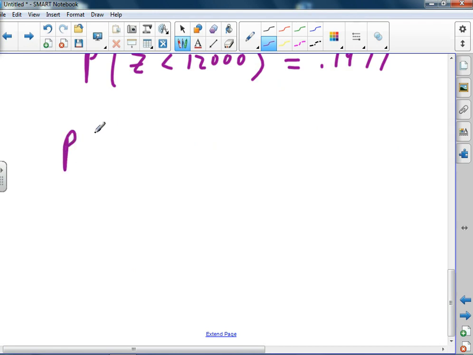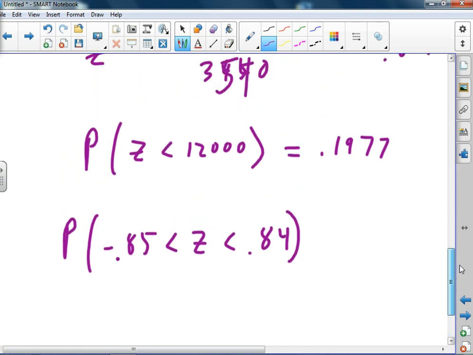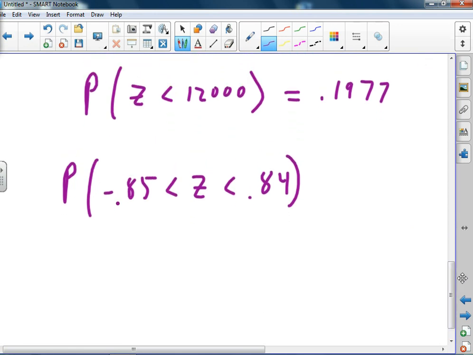Okay, so we want the probability that minus 0.85 is less than Z is less than 0.84. That's what we want.